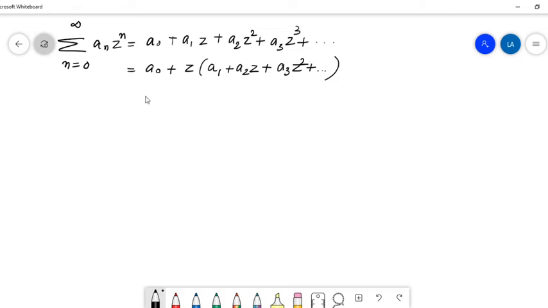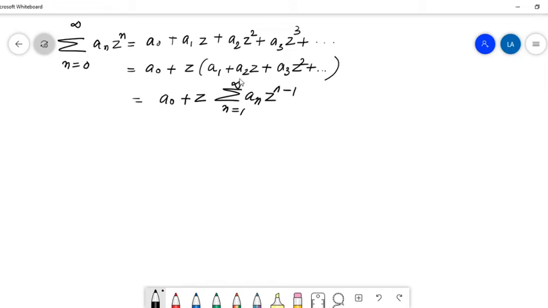Now this is equal to a naught plus z into the series, which can be changed into summation n is equal to 1 to infinity of a_n z raised to n minus 1.